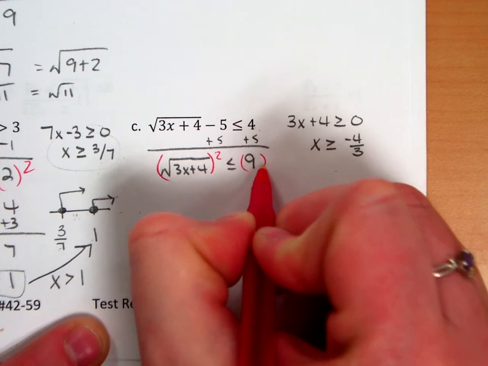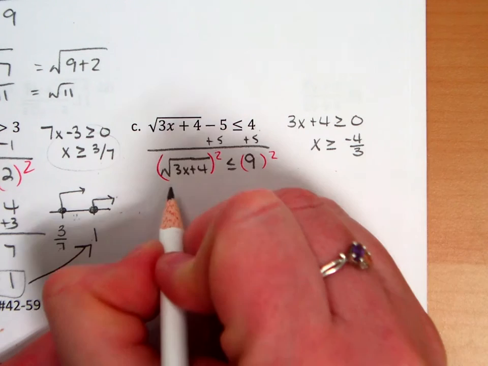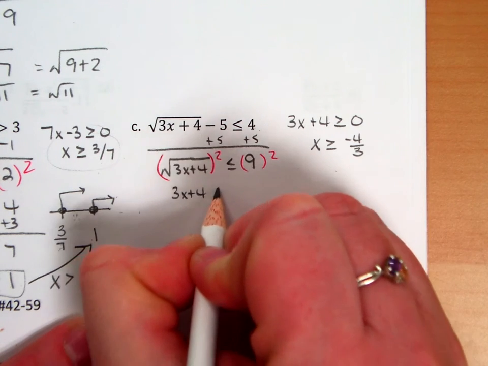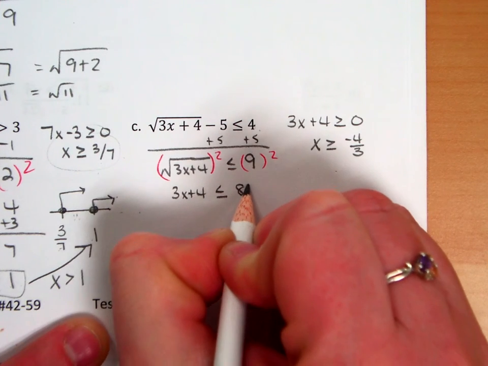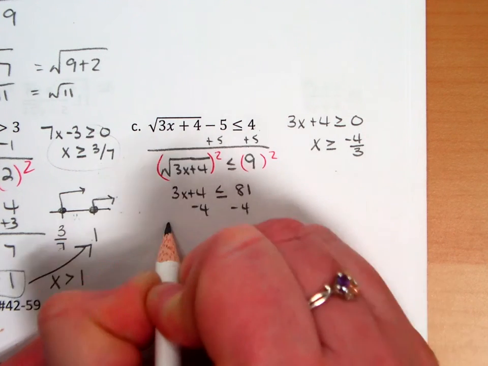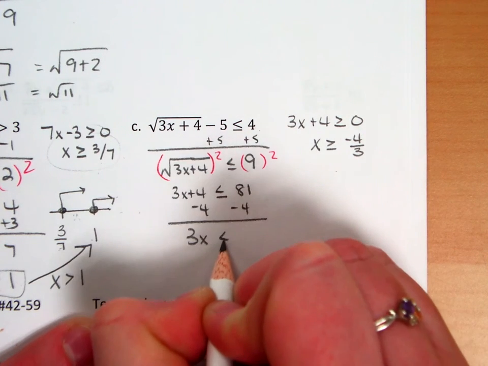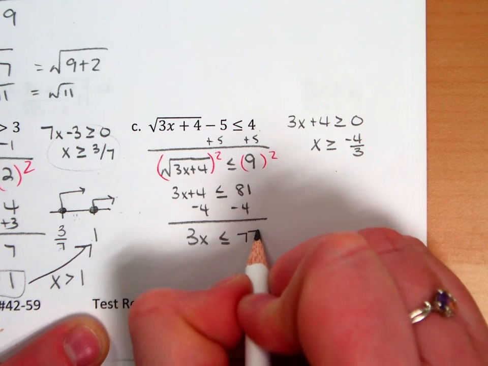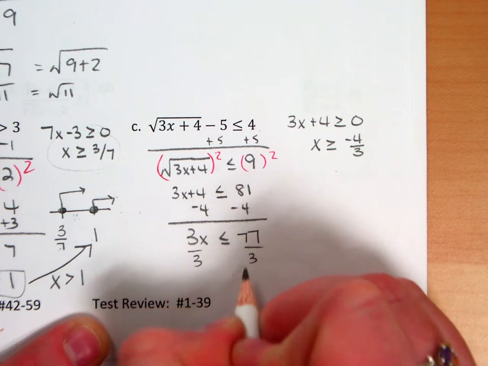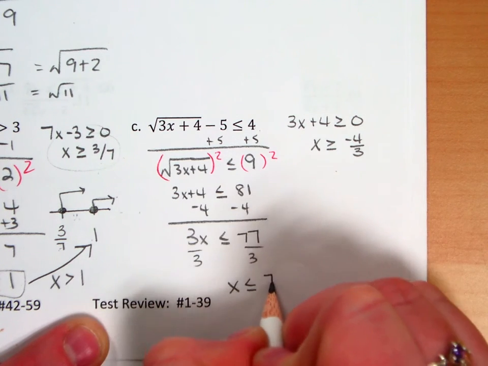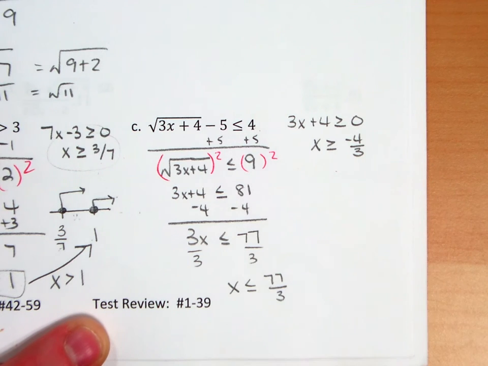Square both sides. 3x plus 4 is less than or equal to 81 minus 4. 3x is less than or equal to 77. Divide by 3. X is less than or equal to 77/3.